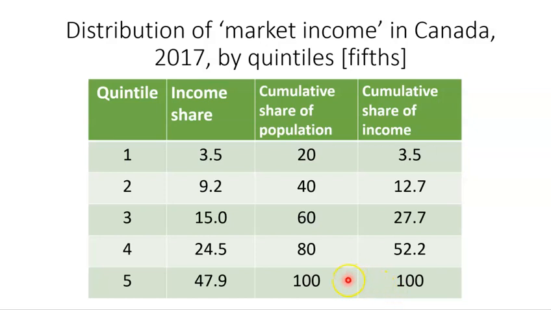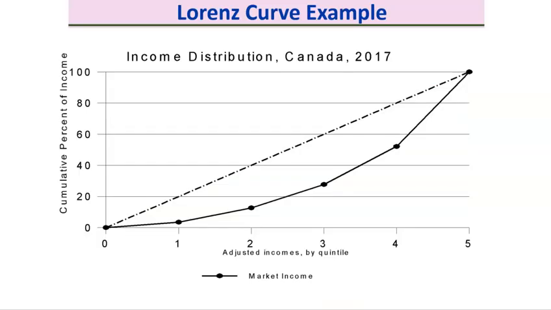Well, we can summarize this data in a nice, neat picture. So let's do that. And this picture is called a Lorentz curve. All I've done is divide our population up into fifths here, and I plotted on the vertical axis the cumulative share of income that we've got.